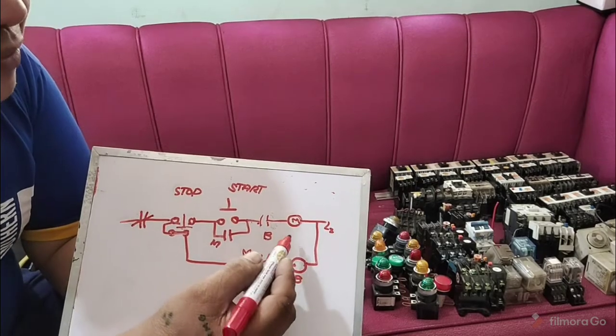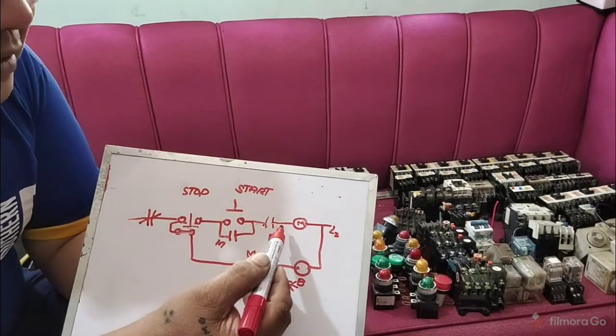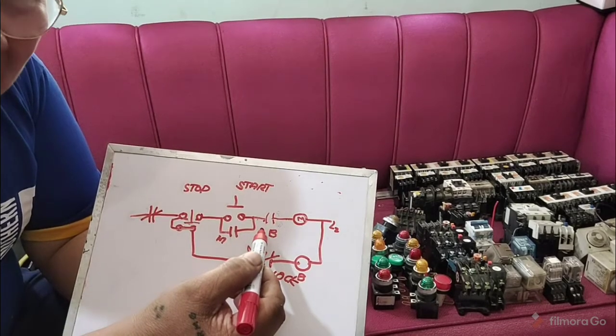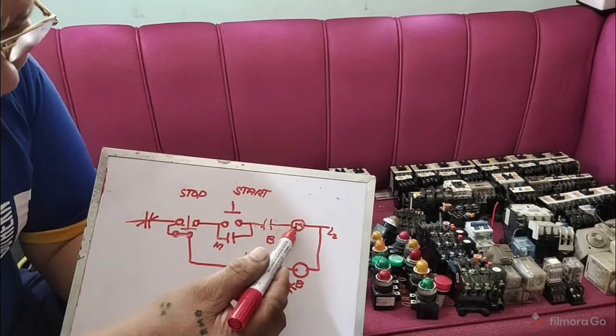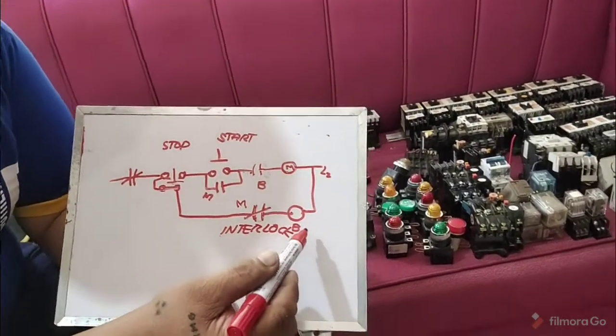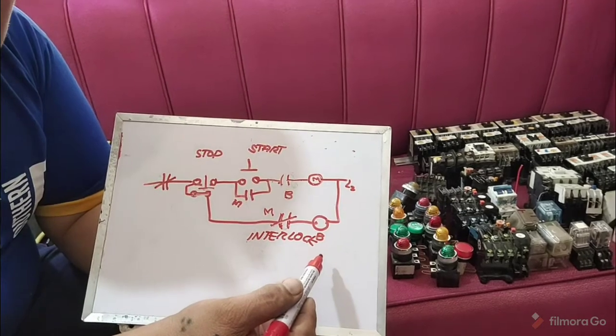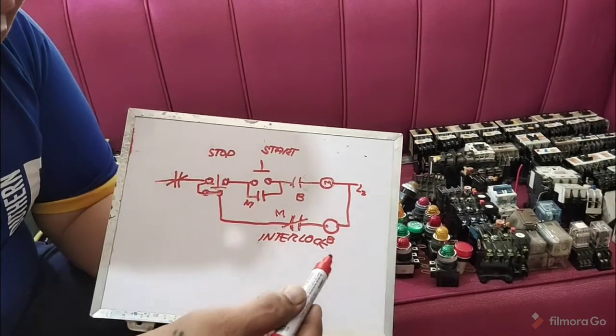So there is no possibility that the M, where the AC is flowing, will be energized. When it is de-energized, only the DC comes in, energizing one phase of your three-phase motor. So that is safe.